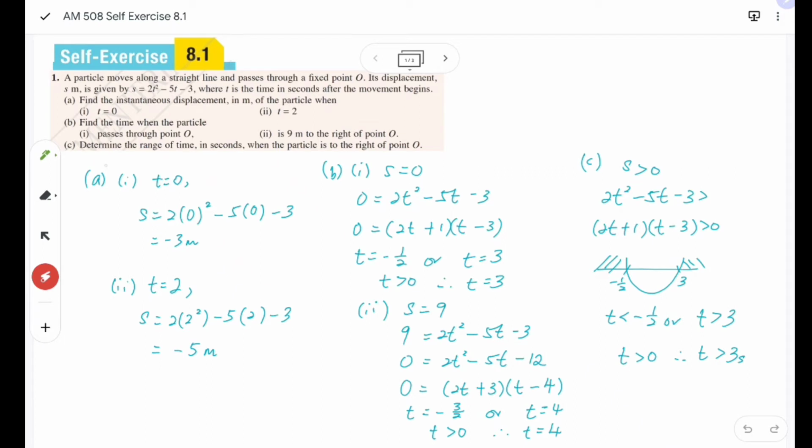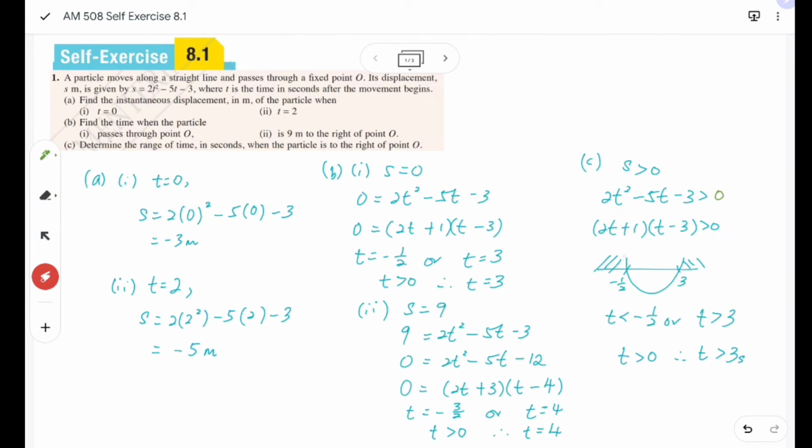C. Determine the range of time in seconds when the particle is to the right of point O. So we are talking about range of time. Therefore, when the particle is on the right of point O, s must be greater than 0, and we get 2t squared minus 5t minus 3 greater than 0. We factorize into 2t plus 1 and t minus 3 greater than 0.